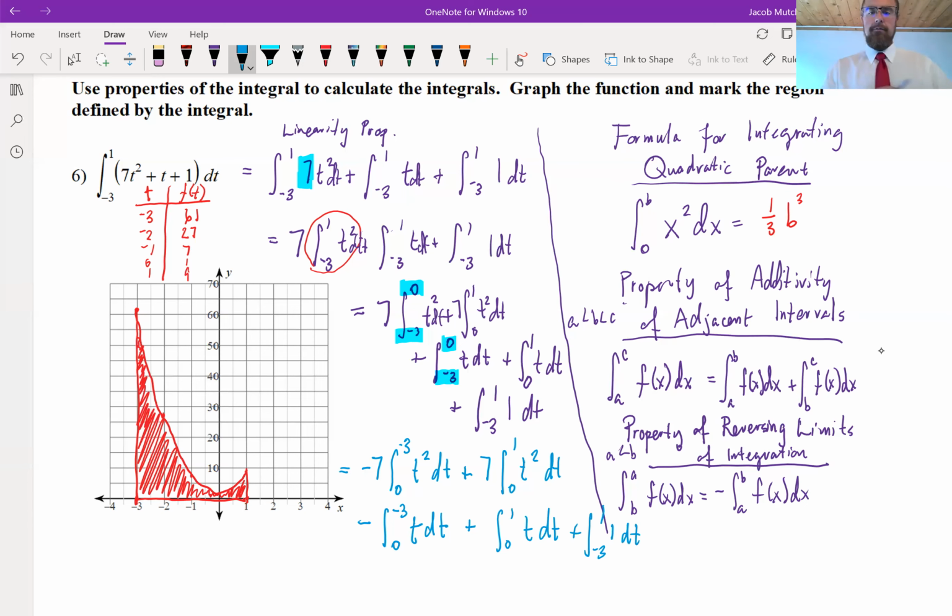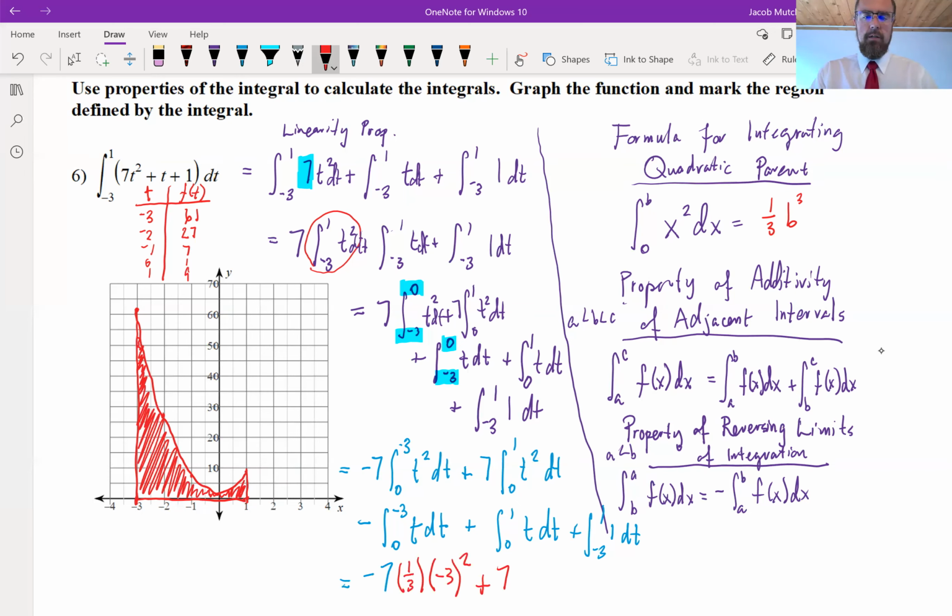I want to apply my formula to start, which is how to integrate the quadratic parent. So we're going to use this first property here. So I'm going to write the initial coefficient -7. And then I'm integrating from 0 to -3 of t squared dt. So that's going to be 1/3 as a factor there, so I'm multiplying a third times the upper limit, -3 squared, plus 7.